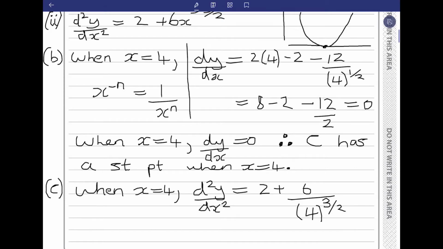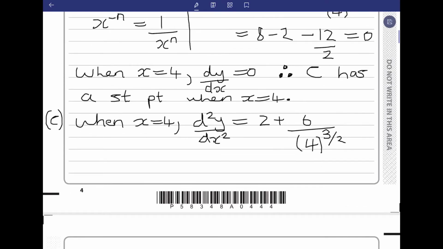Now one way to think about this, I'll just write out another little rule. A general rule: if we have a to the m over n, this actually equals the nth root of a to the power of m. So we can apply that to our expression here.